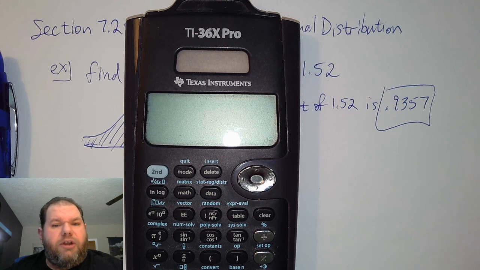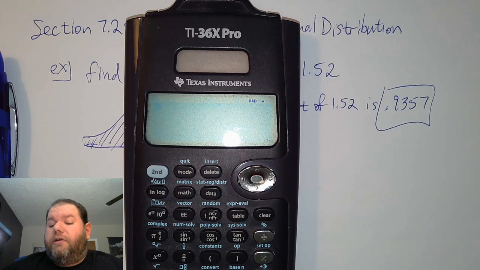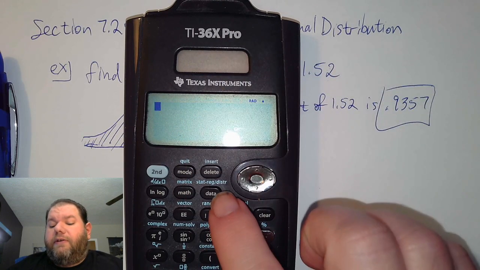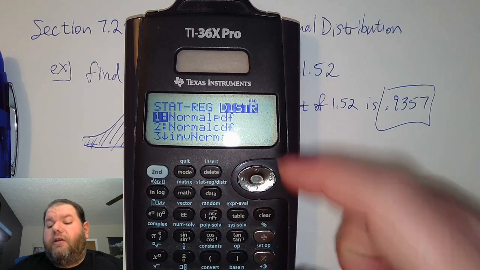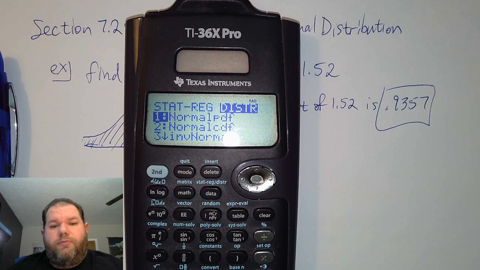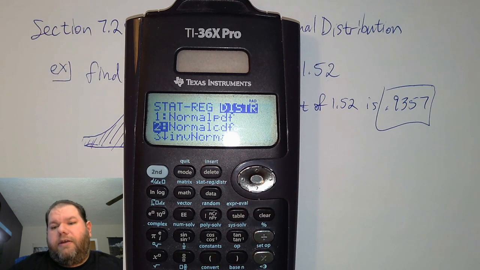In a way, it's a combination of the two, the 83 and the 36. But I'll talk about that after I look at these two first. Now, clear that. On the 36s, we'll press second, data and go over to distributions. Our first two results are normal PDF and normal CDF. So we want normal CDF.